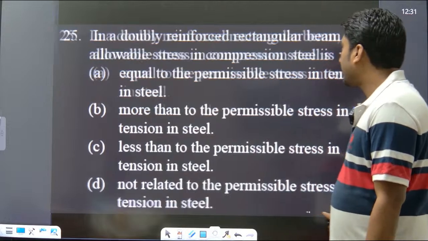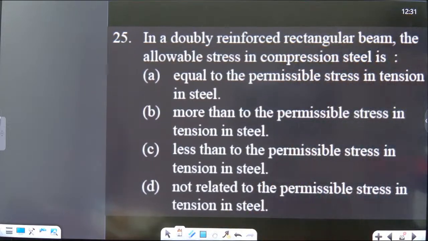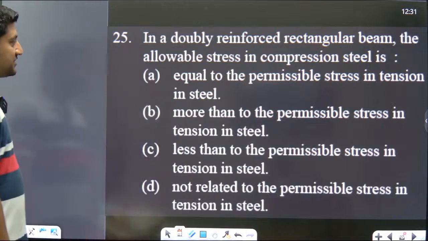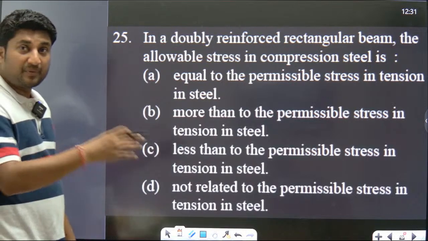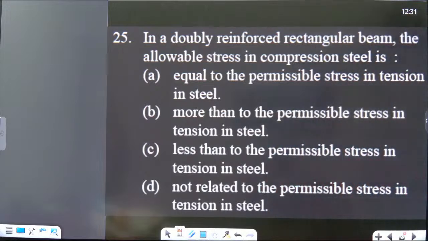Answer this question. In a doubly reinforced rectangular beam, the allowable stress in compression steel. Okay, so this is a question of the working stress method.